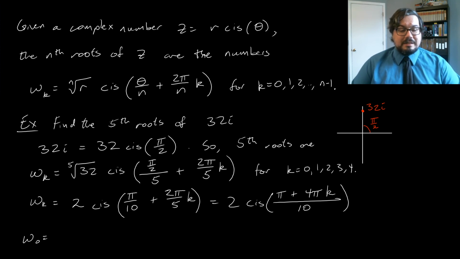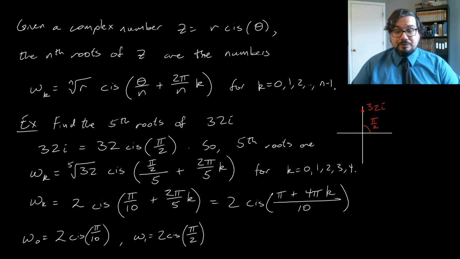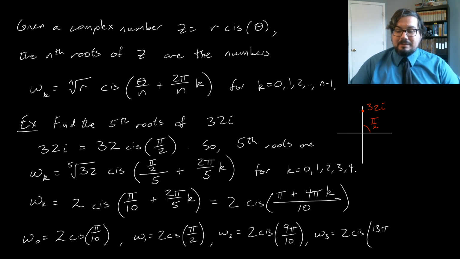So the first root, w0, is going to be 2 times cis pi over 10. w1 will be 2 cis of pi plus 4 pi, which is 5 pi, over 10, which is pi over 2. w2 will be 2 cis of pi plus 8 pi over 10, which is 9 pi over 10. w3 is 2 cis of pi plus 12 pi over 10, which is 13 pi over 10.